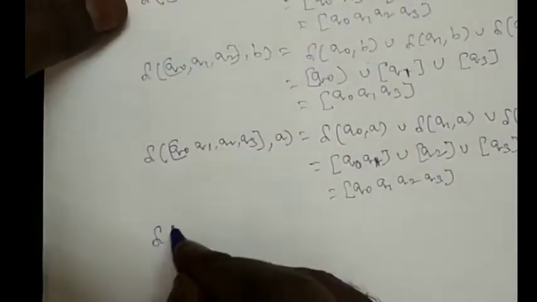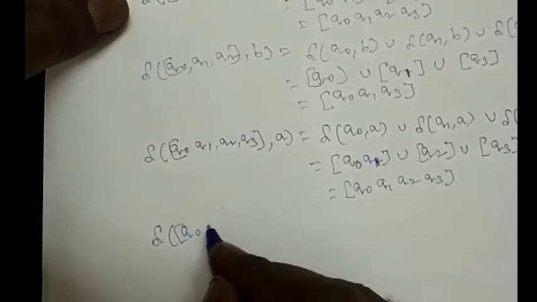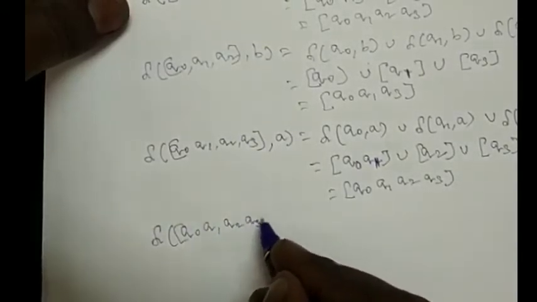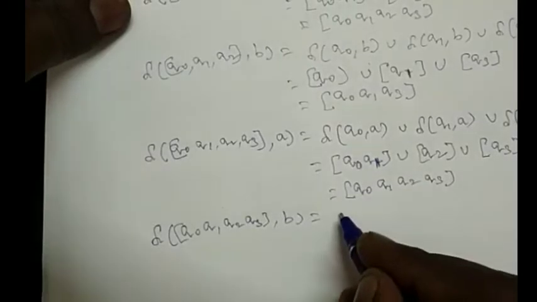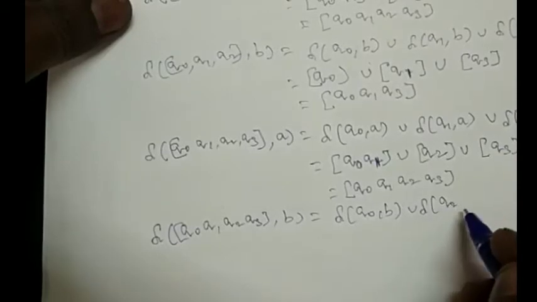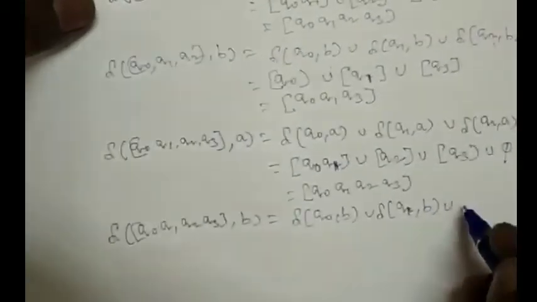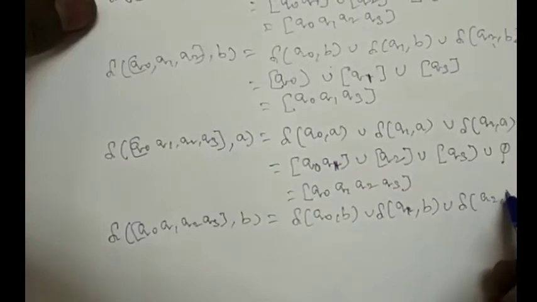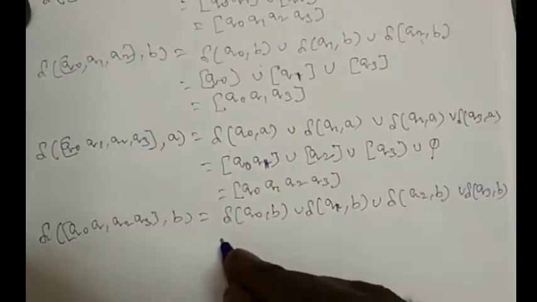When I apply B here, what happens? So delta of Q0, Q1, Q2, Q3, B. So when I do it, delta of Q0, B, union of delta of Q1, B, union of delta of Q2, B, and union of delta of Q3, B. Okay, so Q0, B will be giving the answer called as Q0 union.